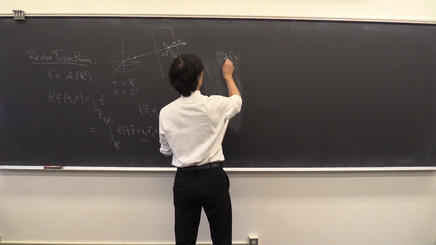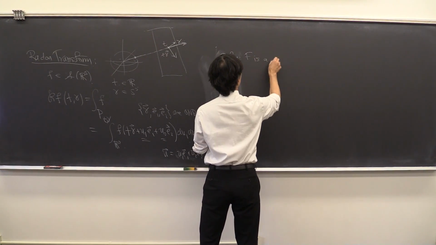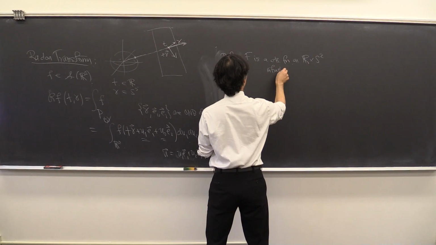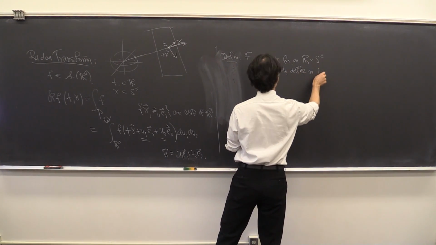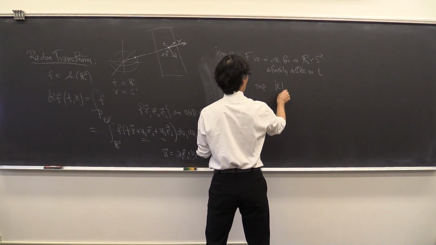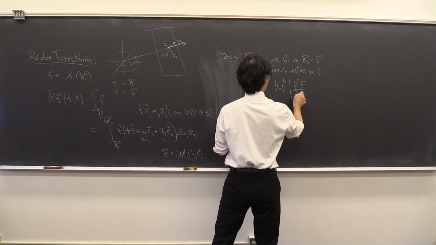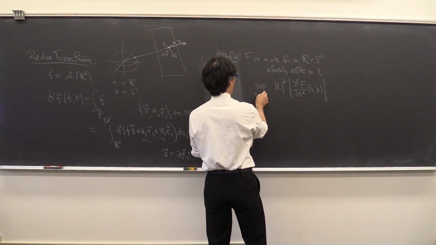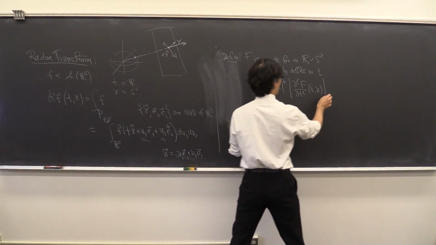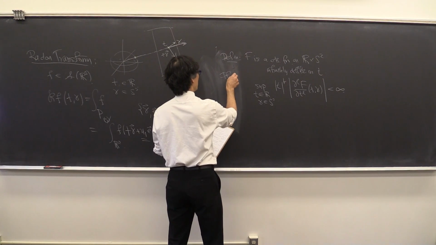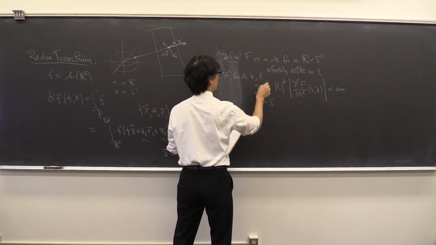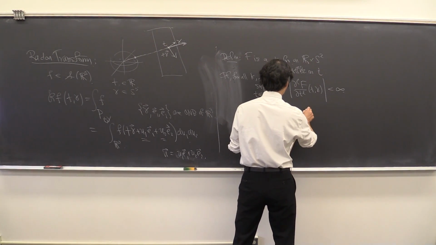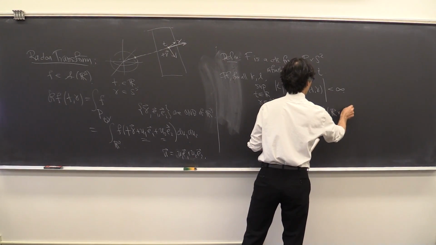So we say if f is a continuous function on R cross S2 that's infinitely differentiable in t, and the supremum of the absolute value of t to the k times the l-th derivative of f in t, the supremum over all t and all gamma, is finite, so if for all k and l we have that these things are finite, then we say that f is in the Schwartz class for R cross S2.